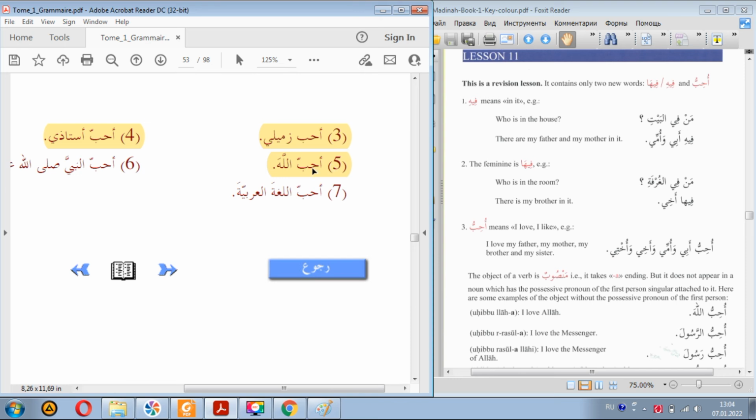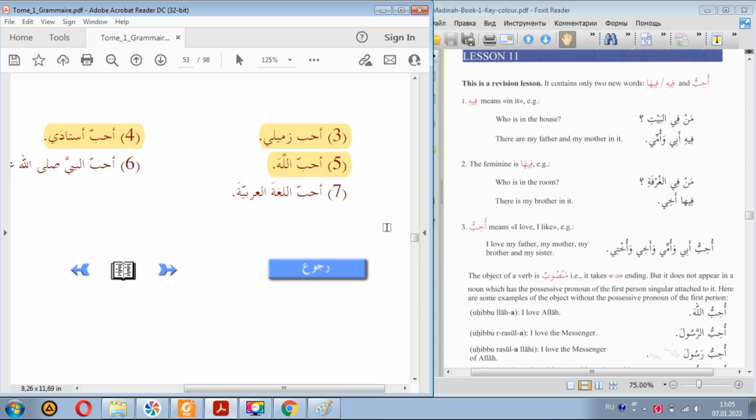So أحب الله, I love Allah. Allah has fatha in the end. And here we are introduced to the third state of the word, which is mansub. Well, in the previous lessons we've learned two states of the word. Marfu', which has dhamma in the end in 95% of the cases.